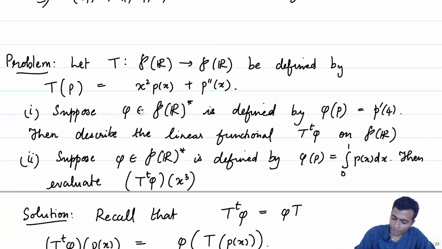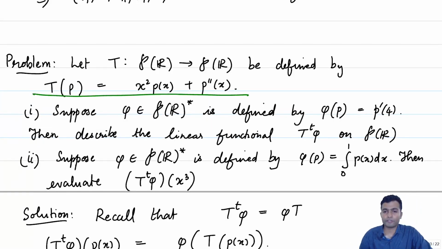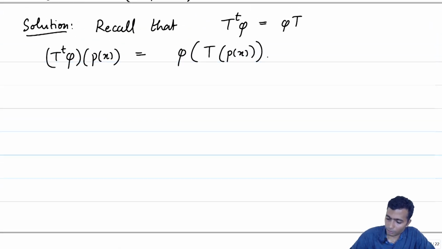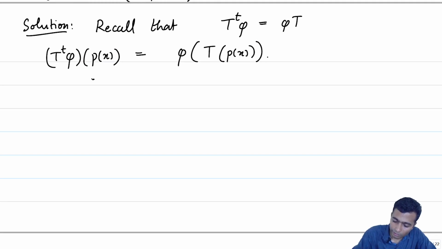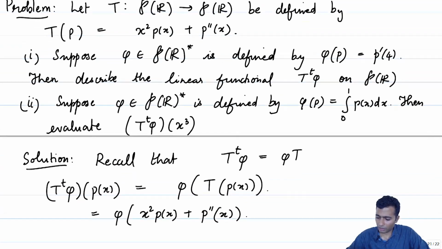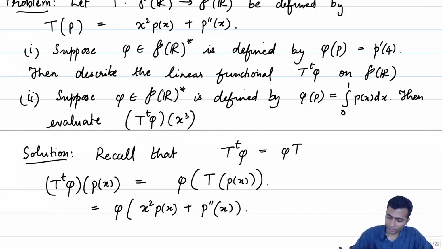I am underlining it in green right now. T is defined as x square times P of x plus P double prime of x. So this is just going to be equal to phi of x square times P of x plus P double prime of x.